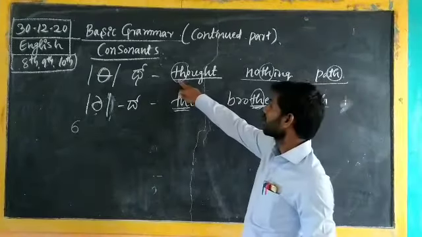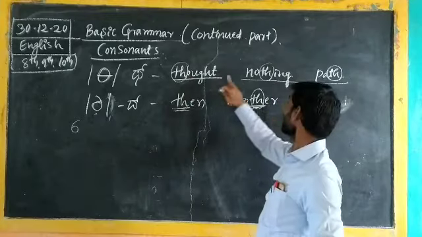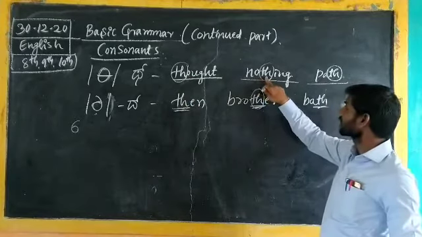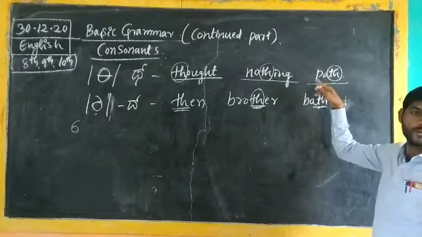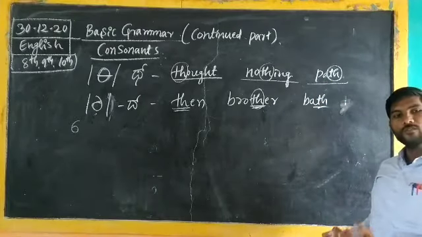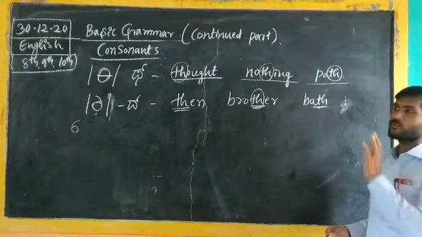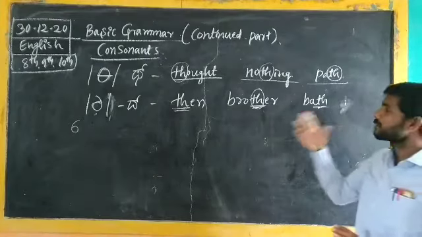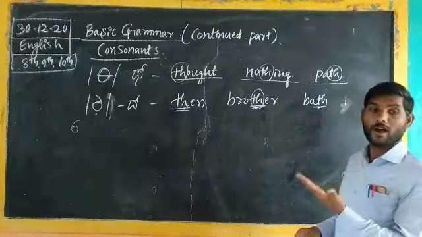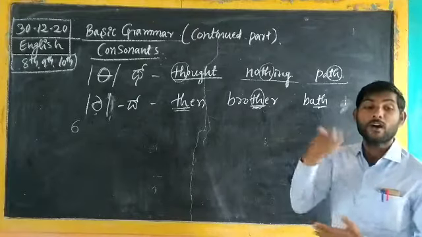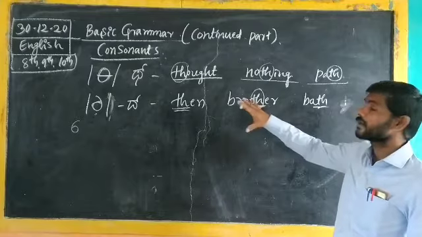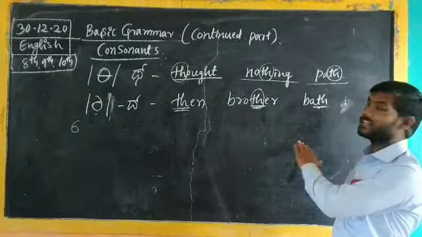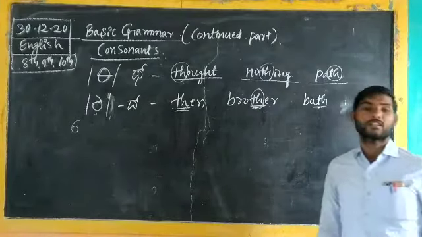Because in that also th after a vowel is there, th before a vowel is there, th after a vowel is there. Here also th before a vowel is there. Sir, how can we identify these pronunciations? We have to understand these pronunciations on the basis of our voice, that's why we have to divide these on the basis of our breath.